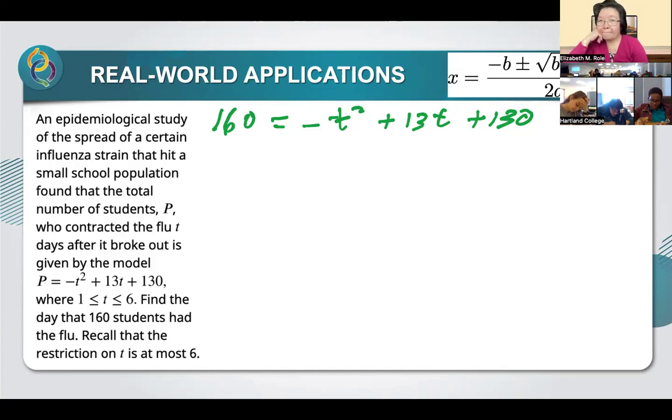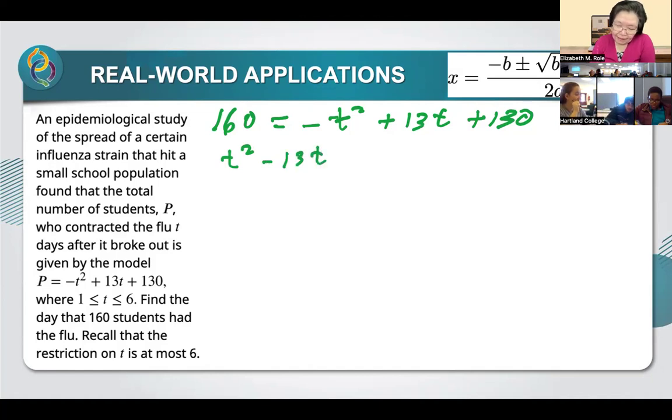So A is 1. My suggestion is make the sign of your T squared positive, so we want our sign of T squared to be positive. So that your final equation is T squared minus 13T plus 30 equal to 0.